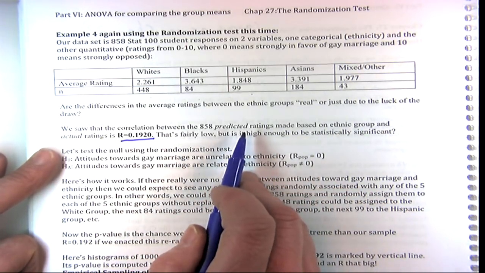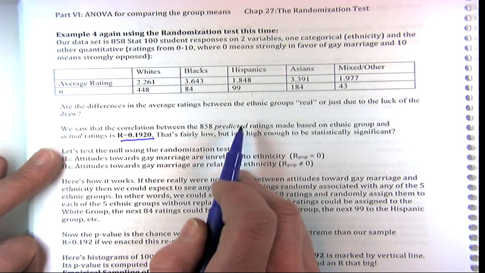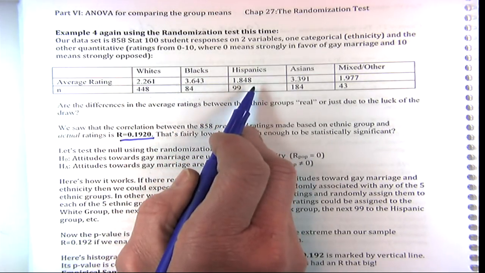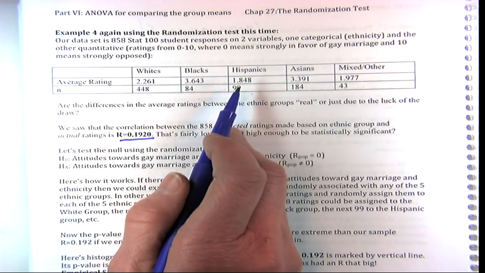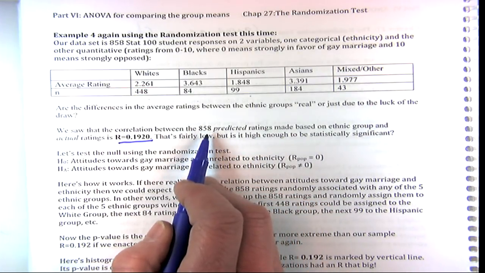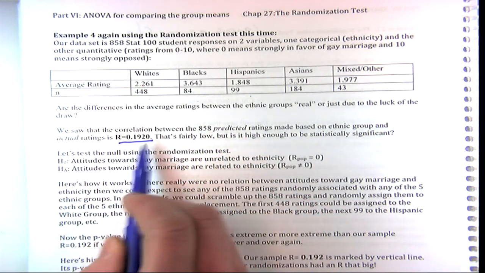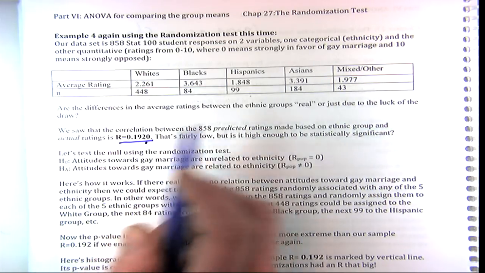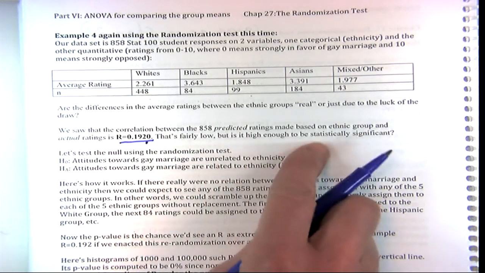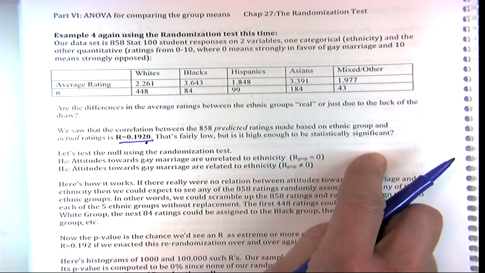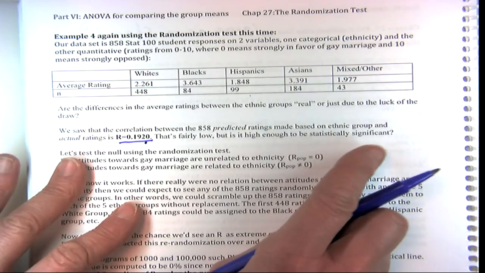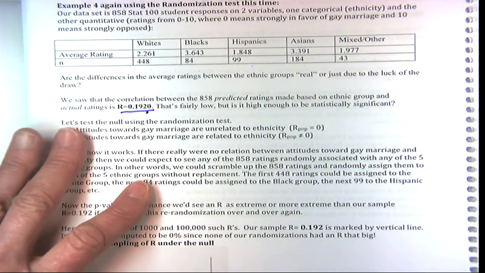The correlation between the predicted ratings, like if we predict all whites had this rating, all blacks had this rating, etc., and their actual ratings is fairly low. It's pretty low. But is it high enough to be statistically significant, which is another question. You might not think it's important, but it might be statistically significant. It was. We found it to be very statistically significant.